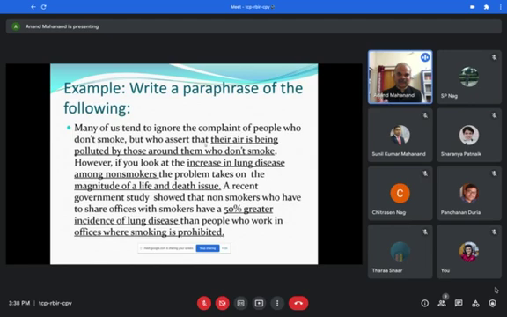There will be some alternate words. For example, many of us tend to ignore the complaint of people who don't smoke, but who accept that their air is being polluted by those around them who smoke. Who do not smoke means non-smokers. Okay. However, you look at the increase in lung disease among non-smokers.